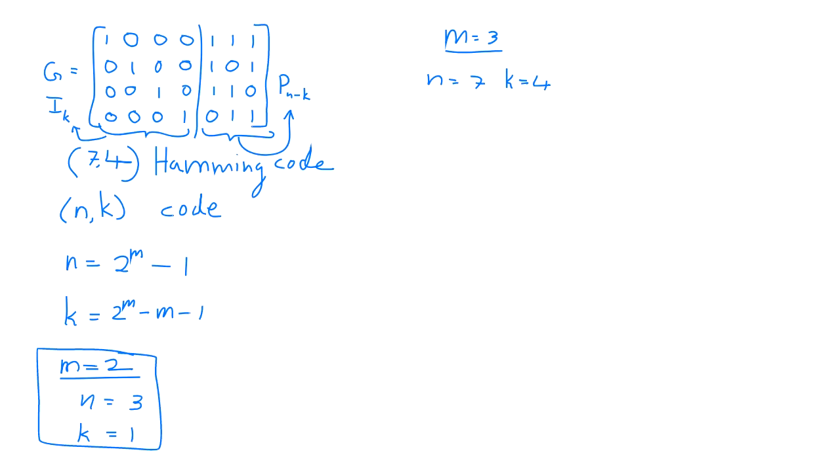So when we have m equals 2, what do we get? We get the 3-1 Hamming code.